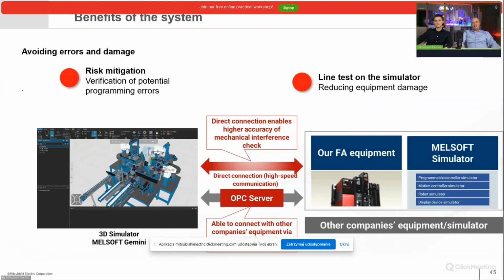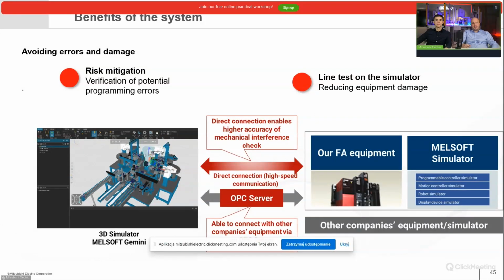Yes, and I think a very important element is that we can connect all of the equipment with the real simulation. So we can connect the PLC, robot. But if somebody is using a PLC that is not well known on the market, you can also use an OPC server, and by the OPC server you can also make the connection of the machine.